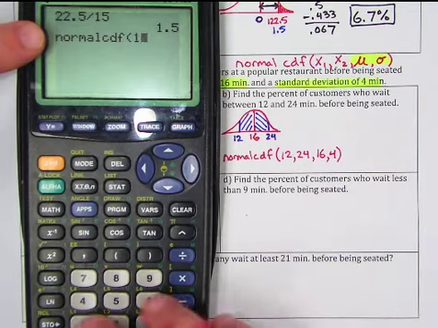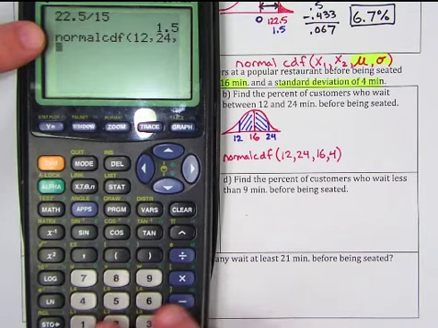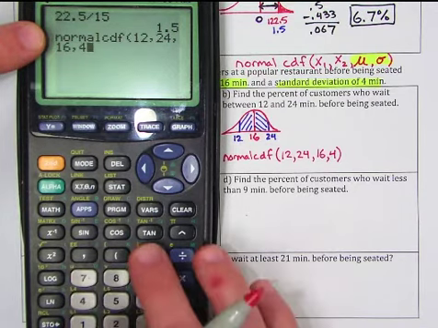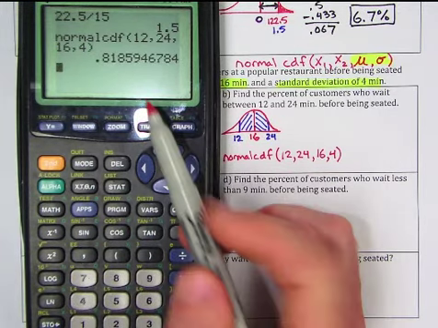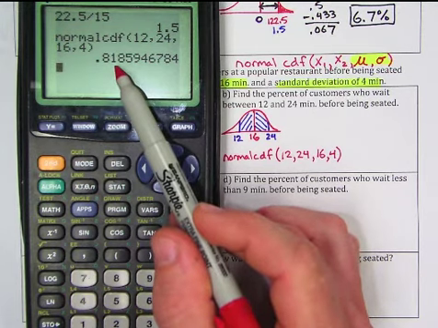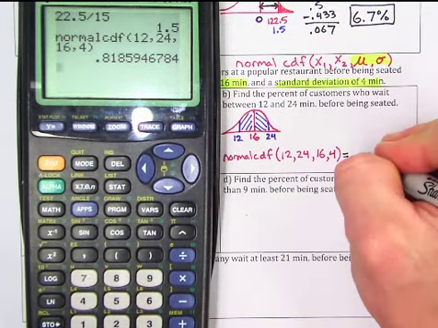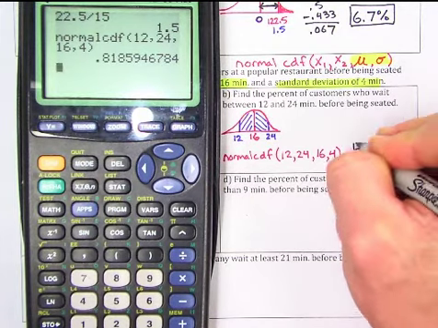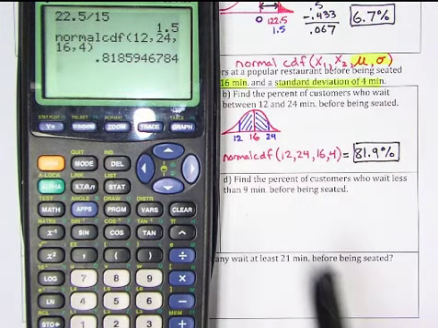So the lower value is 12, upper value is 24, the mean is 16, and the standard deviation is 4, and we'll hit enter. And just like that, it calculates for us 81.9%. In a case like this, we don't need to use the table, we can just use our calculator.